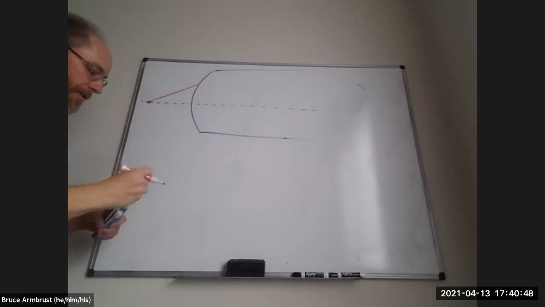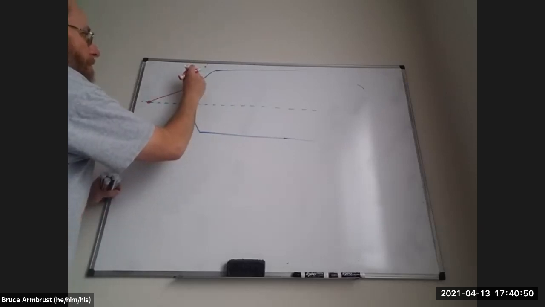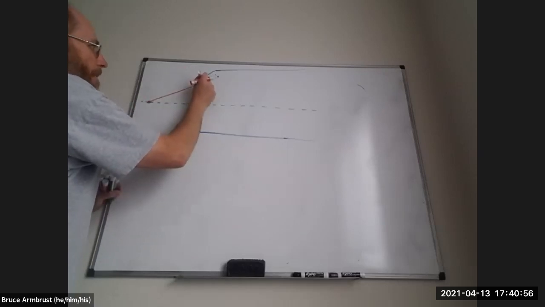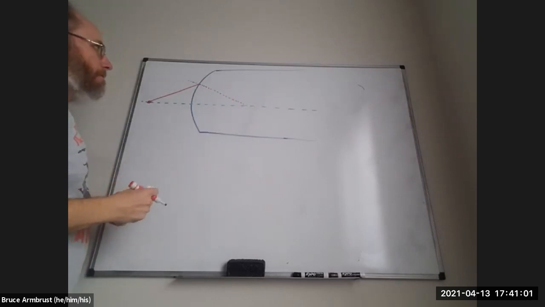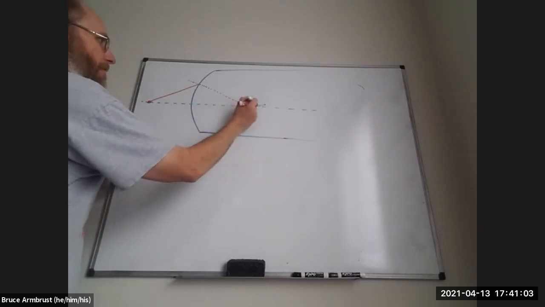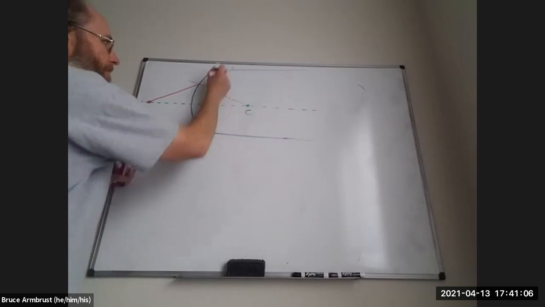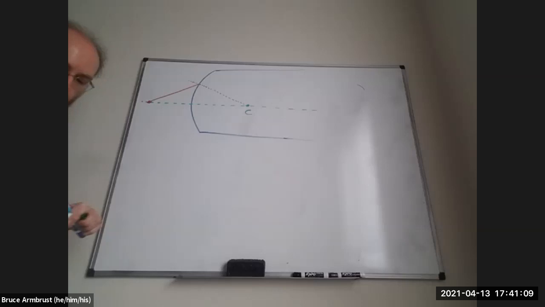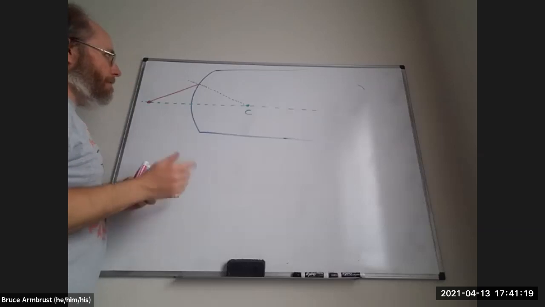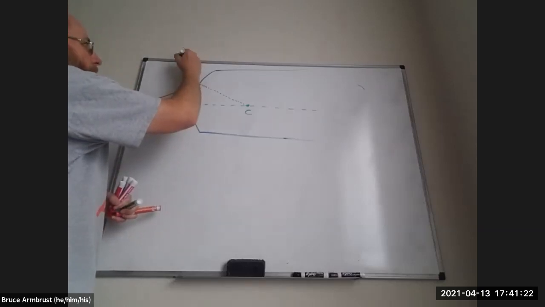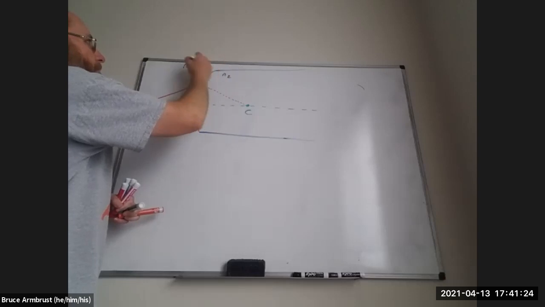All right, so let's think about what happens. There's going to be a perpendicular. That perpendicular, if we backtrack it out here, that's going to show up at the center of the circle that forms that curvature. Okay, so that guy's going to be C. All right, now it is going to bend. Let's say, again, we've got N1 out here and N2 on the inside.